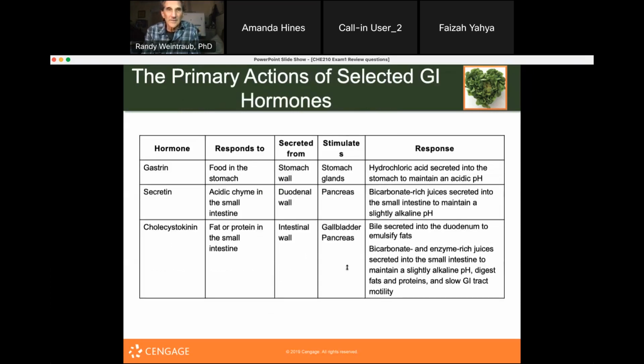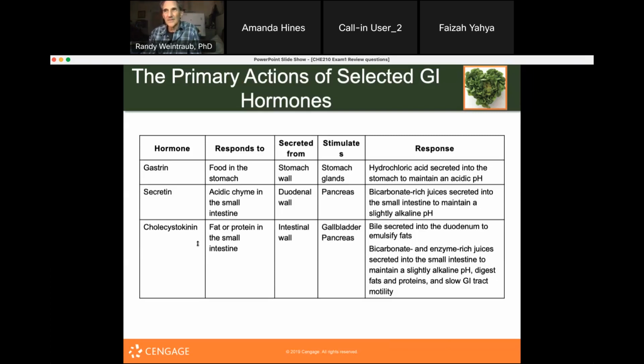Important hormones, not many, but these three for sure. You should understand a hormone is sent from somewhere, some organ like the pancreas or the intestine wall, that initiates a reaction somewhere else.